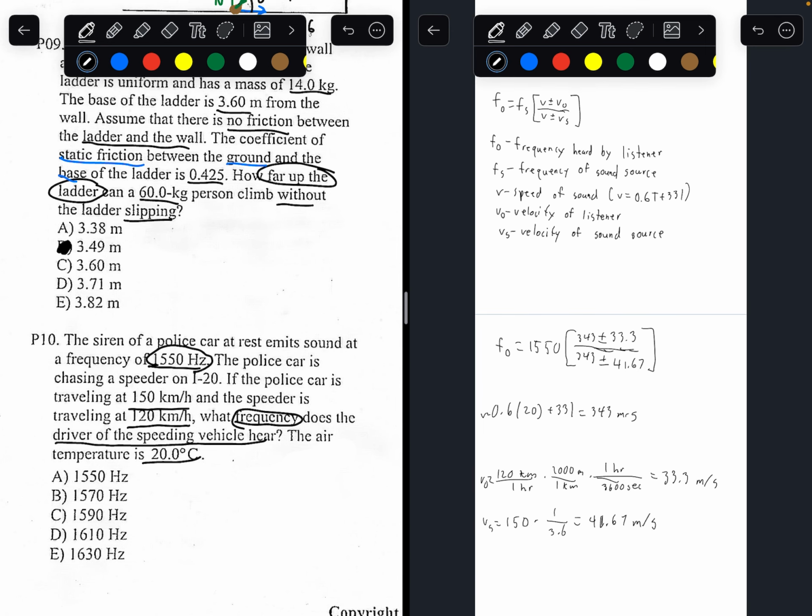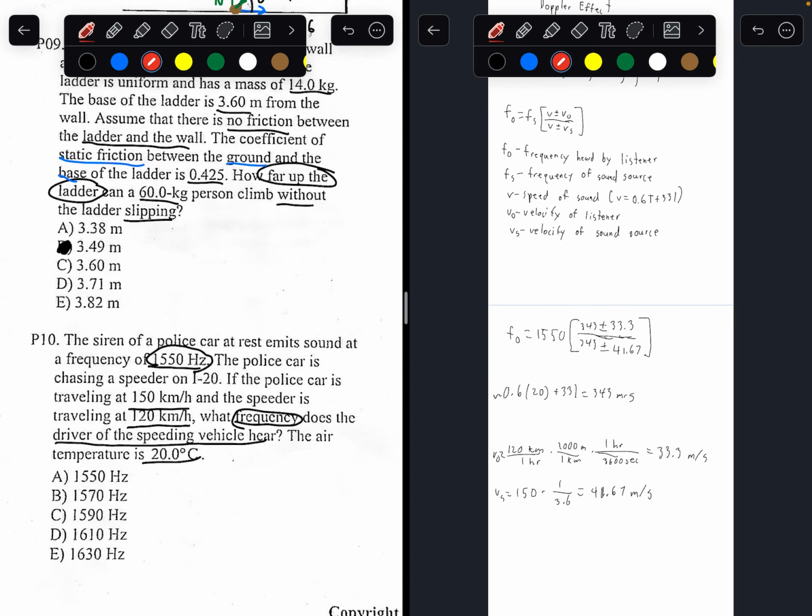Now let's get over with when to use plus or minus. Let's diagram the situation. The speeder I'll draw in red. This is the speeder. The police car I'll draw in blue. So the speeder is moving away from the police car, and the police car is moving towards the speeder. We know the numerator talks about the object, if I draw in green.